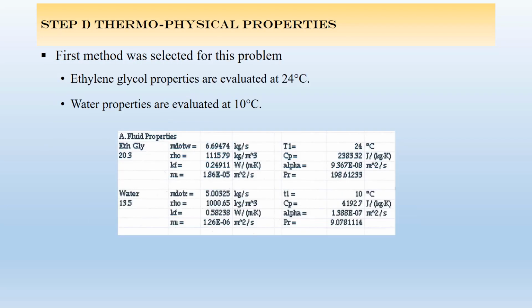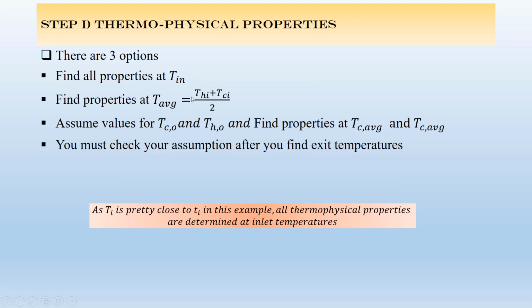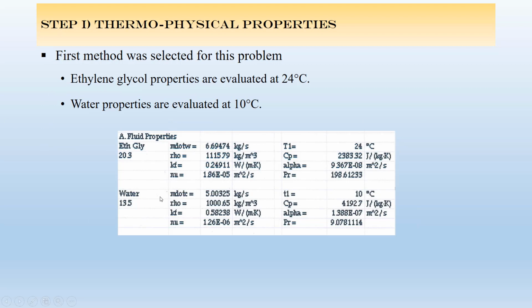This is a good assumption. So we just calculate all thermophysical properties for EG, ethylene glycol, at 24, and for water at 20. Again, guys, you can use any of these three methods, and then you will see that the thermophysical properties are very close to these properties.